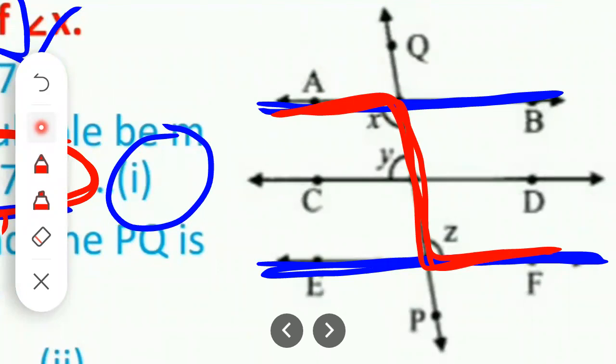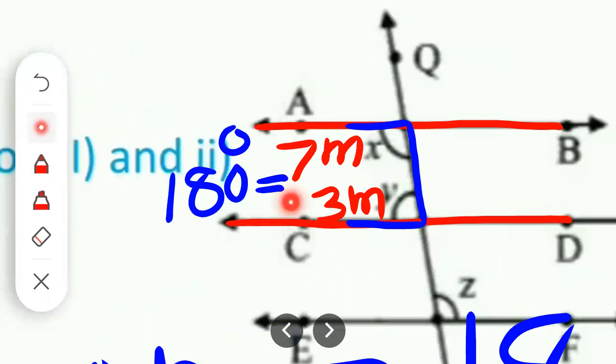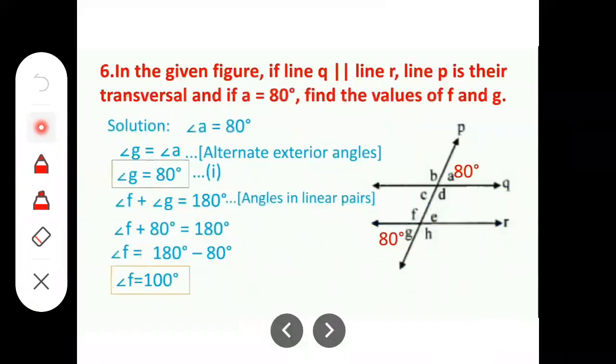Now as angles x and z are alternate angles, whatever the value of z will be, that will also be the same for angle x. So x will also be 7m. Now using the property of interior angles, you can find the value of x. Yes. Now let's see another example.